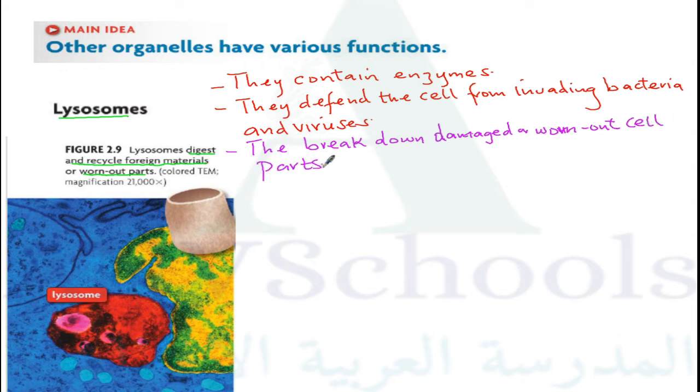So as I say, they act like cleaners. All the worn out parts, they will break them down. Lysosomes tend to be very numerous in animals. Their presence in plants is still questioned by some scientists, but others assert that plant cells do have lysosomes, though fewer than are found in animal cells.